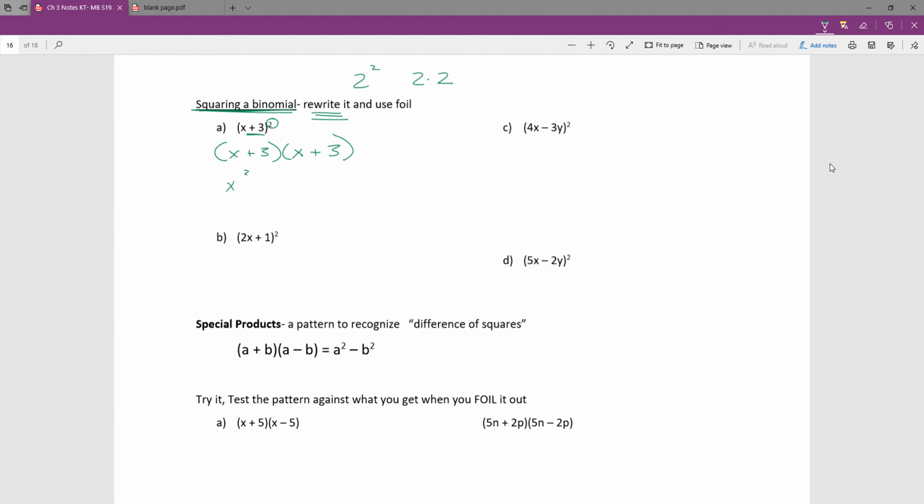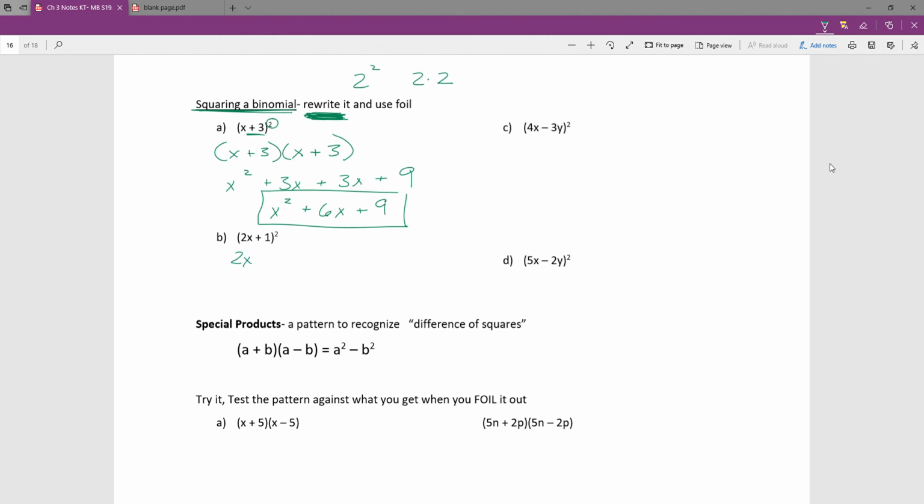And so it's x squared plus 3x plus 3x plus 9, doing the first, outside, inside, and last. And then simplifying this, I would write it as x squared plus 6x plus 9. There are no shortcuts to go through this at this point. So really the rewriting it, recognizing what this means when you have a binomial that's squared is absolutely key.